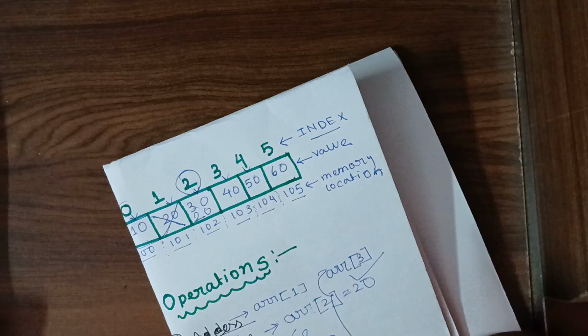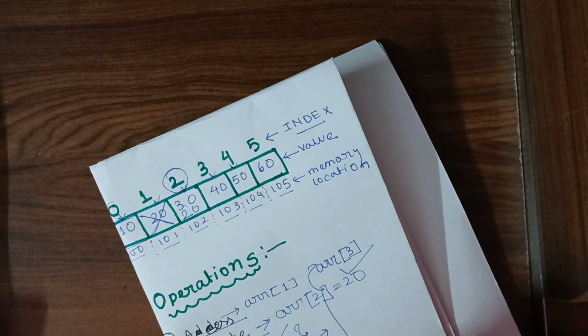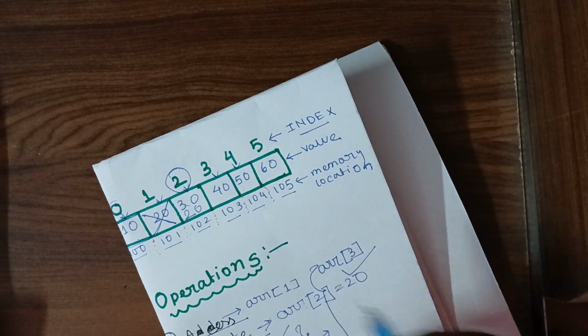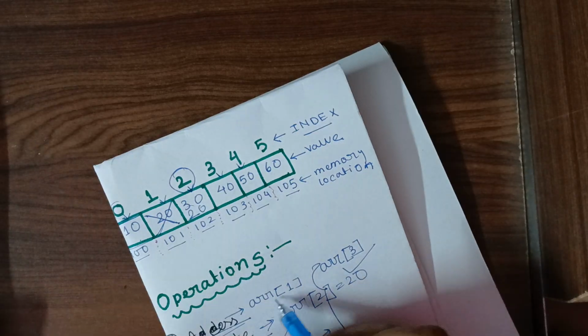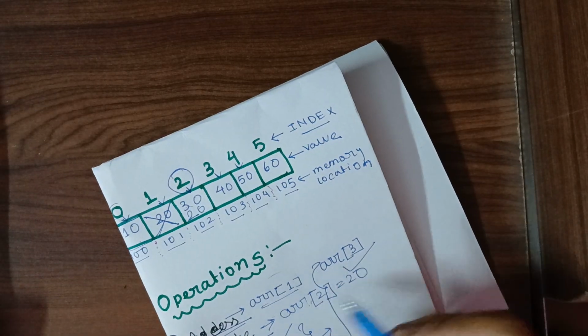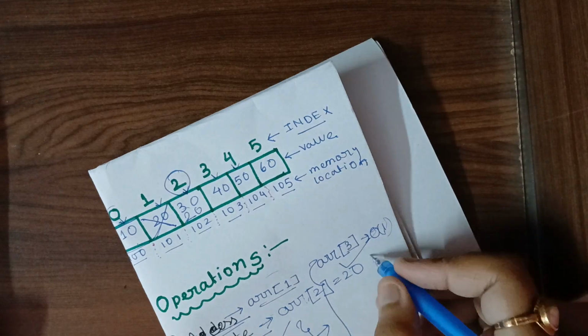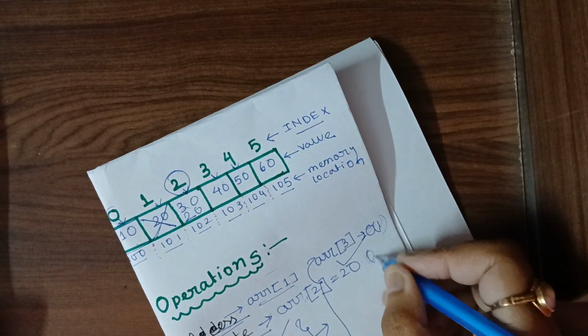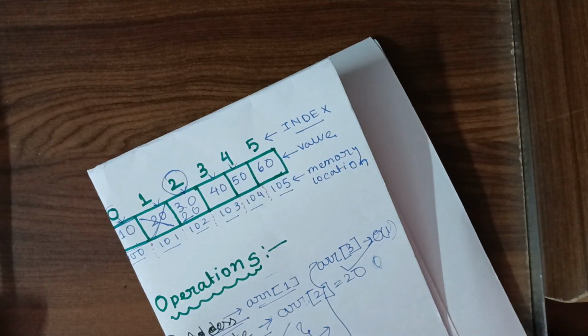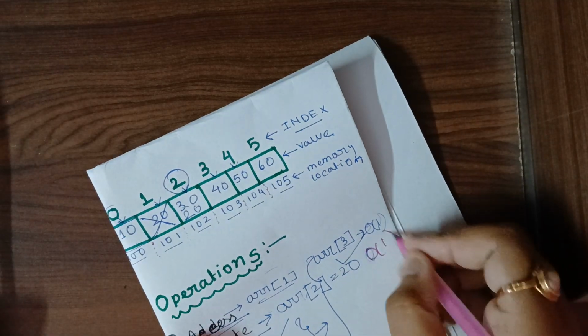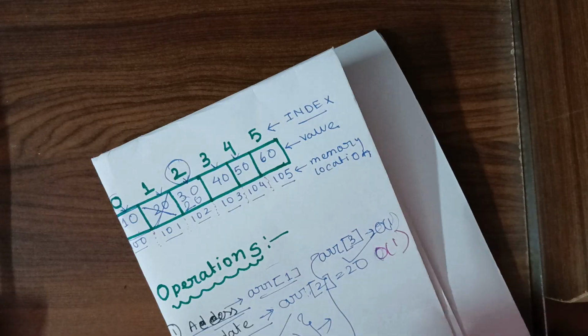These are correlated, and now let's find the time complexity for each operation. For access, there is no need to find or traverse, so the time complexity is O of 1, which means constant. For update, there is also no need for any searching, so the time complexity is O of 1. And for find, what is the time complexity?